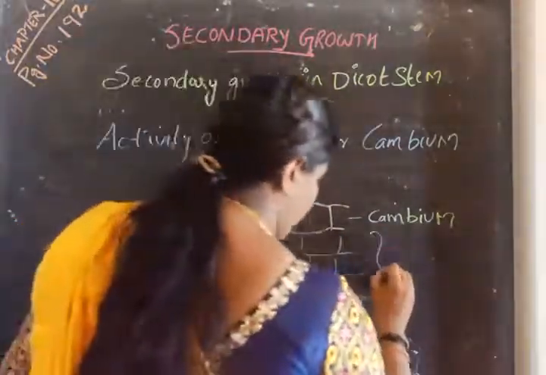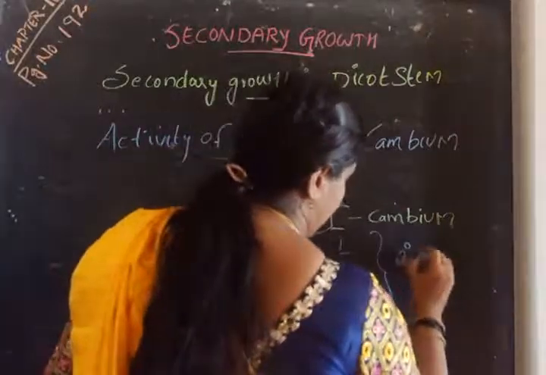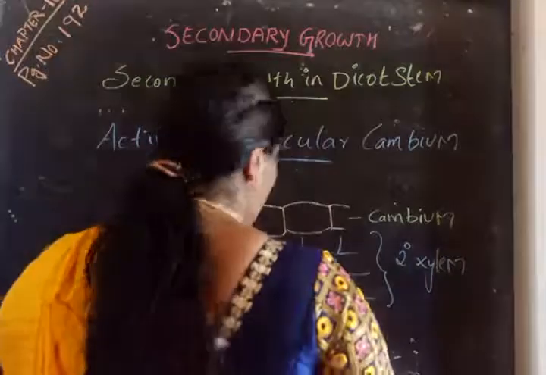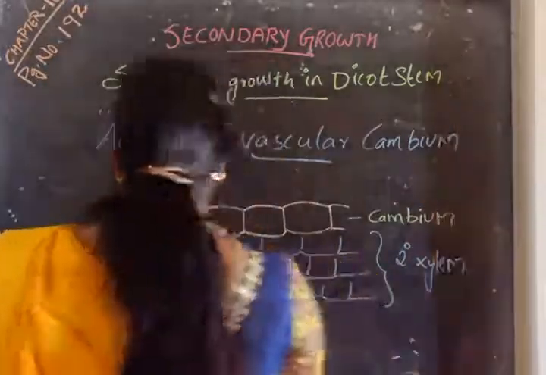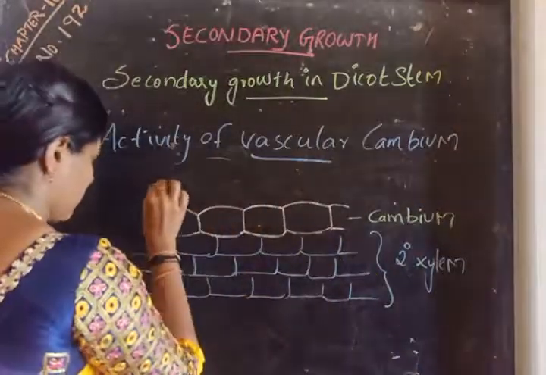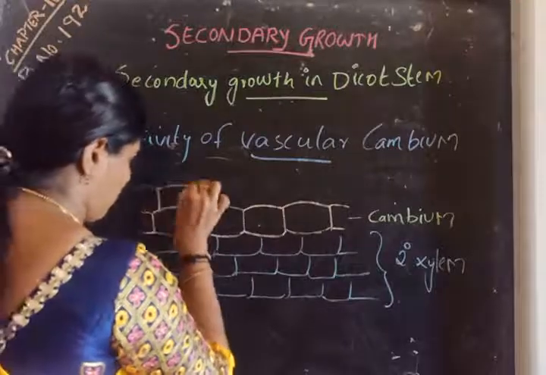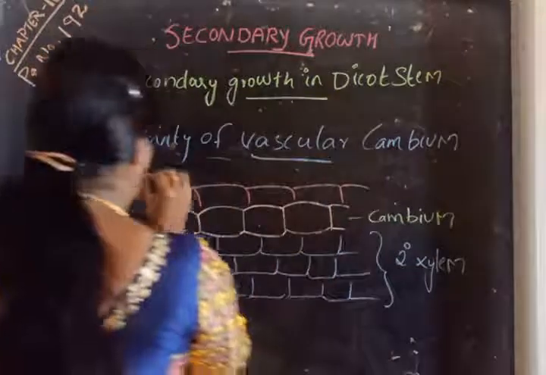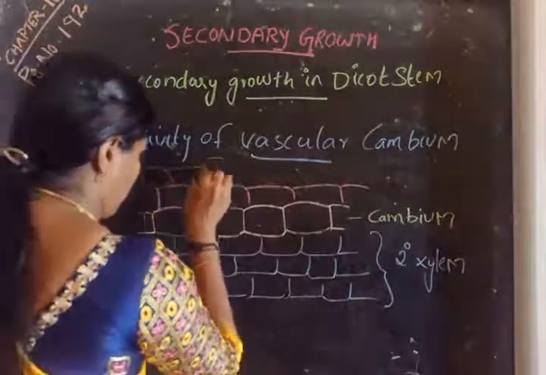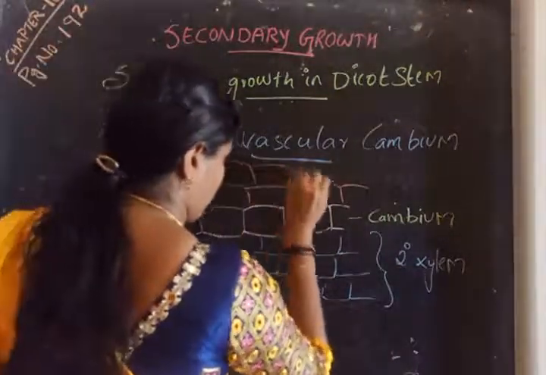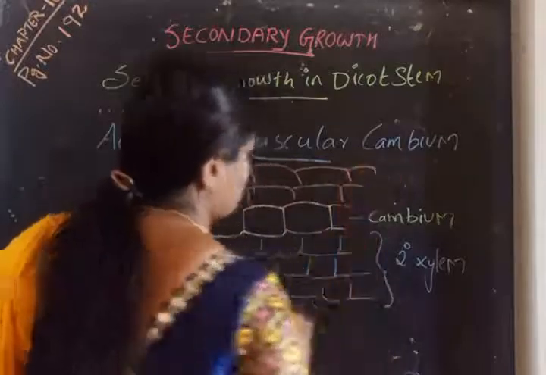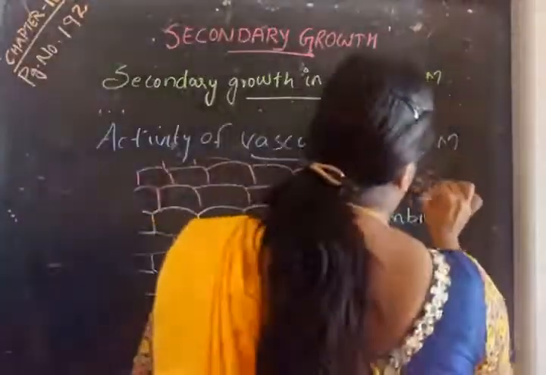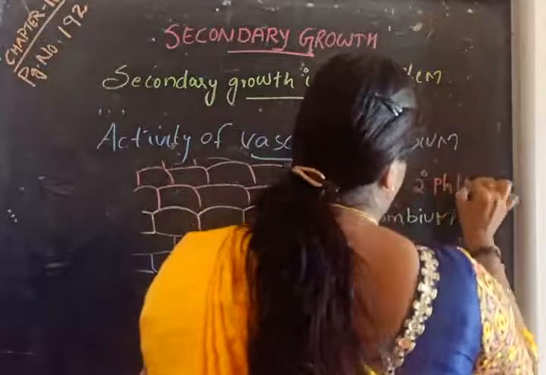So these are the secondary xylem, whereas it may cut towards outside also. So it may cut outside also. This is called secondary phloem.